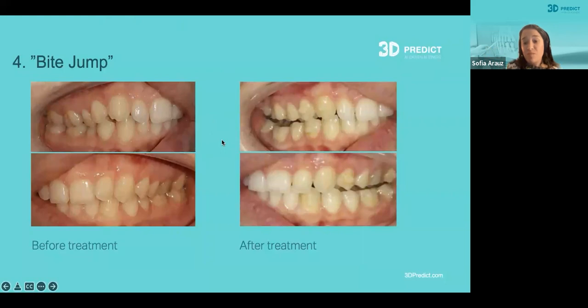The way this could have been prevented is if the doctor had planned for a little bit more retraction of the upper teeth to make sure that when the bite jumped, this and the posterior open bite would not have been so prominent. Now know that even if the doctor had planned for that retraction of the upper teeth, bite jumps are unpredictable.